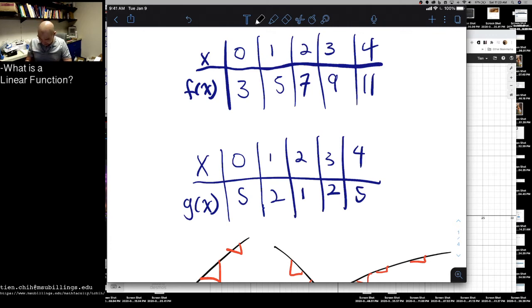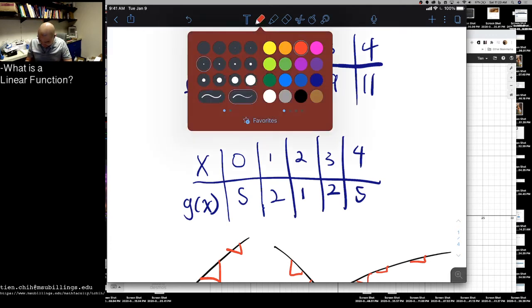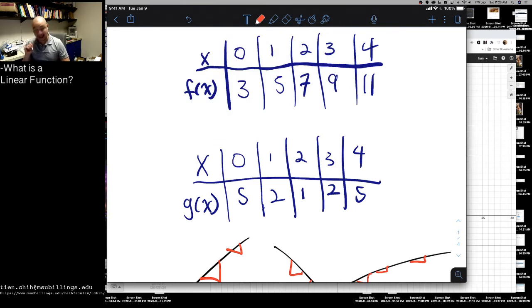So if we take a look at our first function, we notice that my x values are going up by 1 each time, right? So in each step here, x goes up by 1, then 1, then 1, then 1.